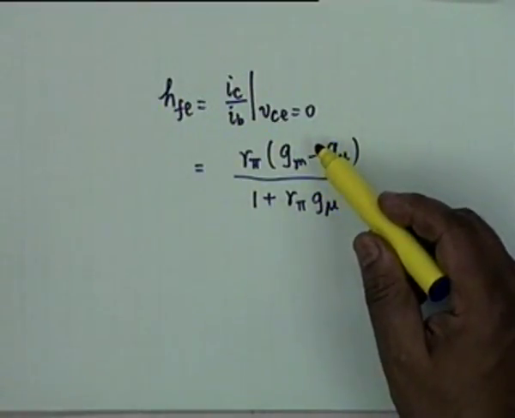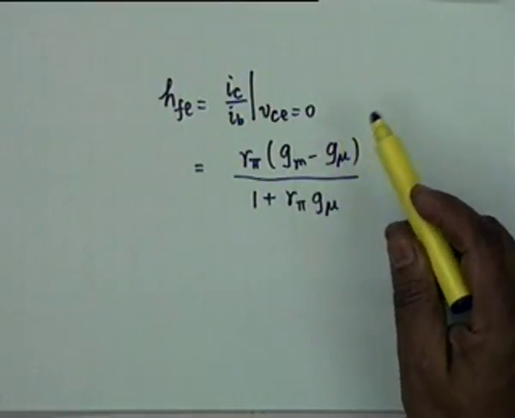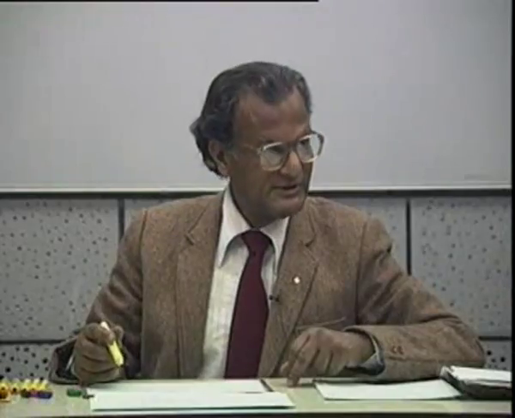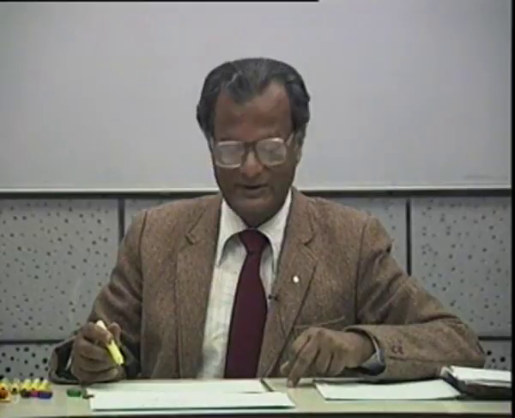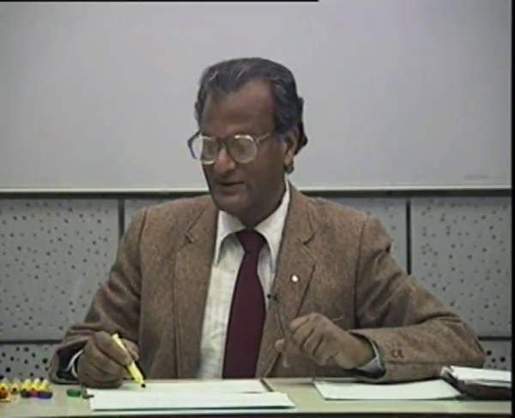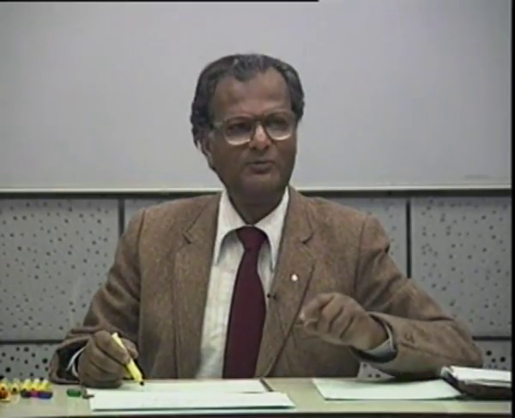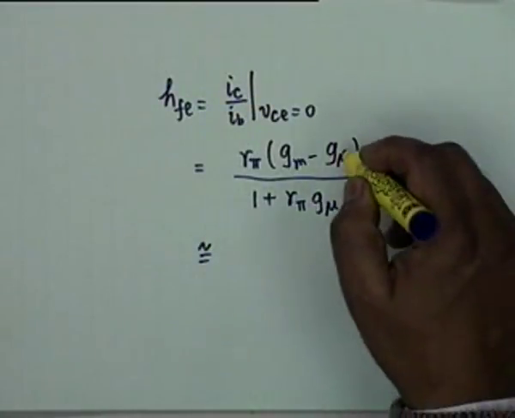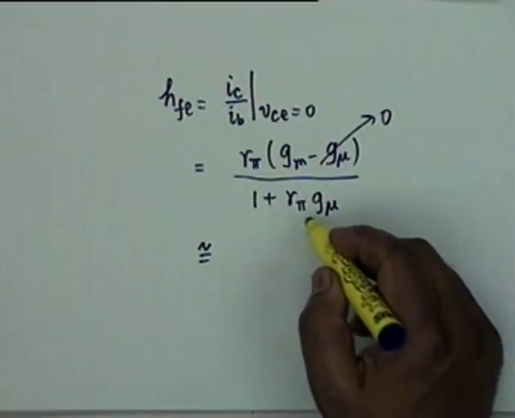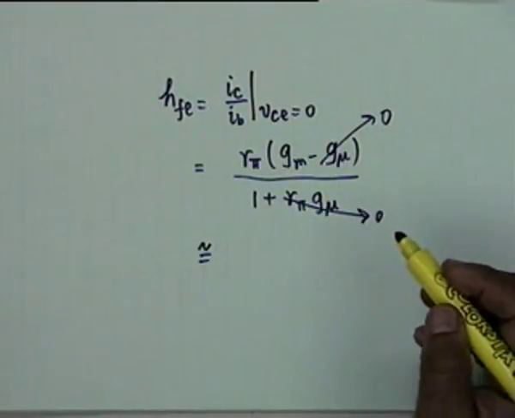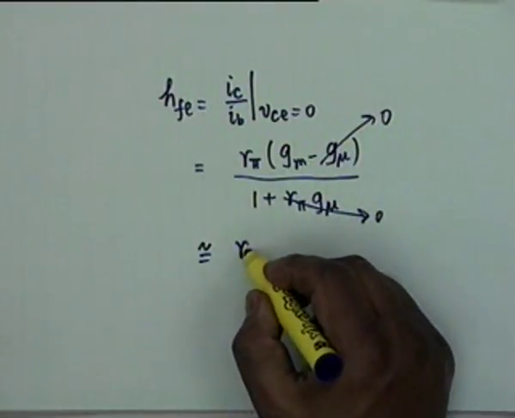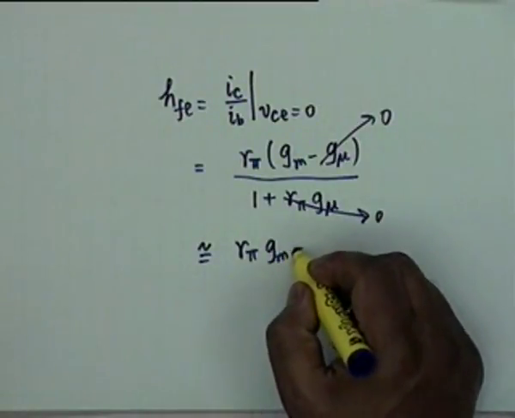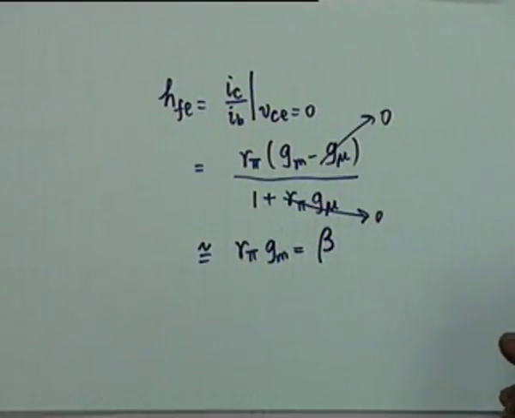Gm is of the order of 0.04 I sub c in milliamperes, and g mu is a very small 1 by 13 meg, and therefore you can ignore this and you can ignore this, already we have shown that. Therefore HFE is approximately equal to r pi gm, that is equal to the glorious quantity beta, r pi gm.